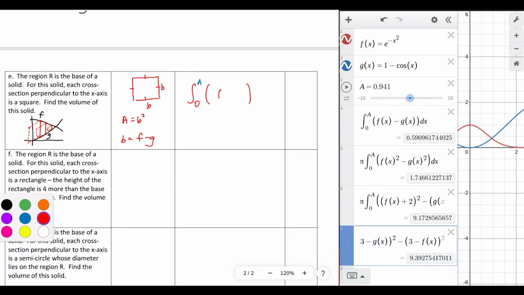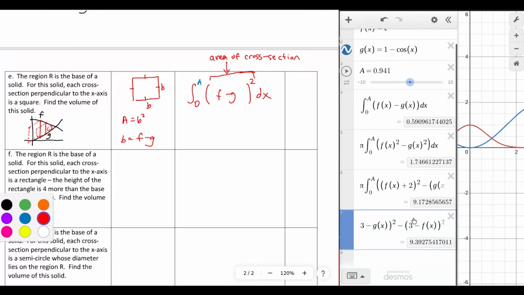In other words, f minus g squared. So remember, whatever goes here, and this is going to be different depending on what shape you're dealing with, is the area of the cross section. That's the A of x from the very beginning.